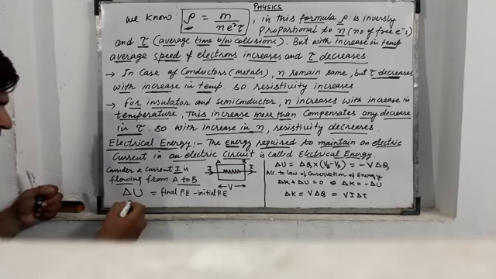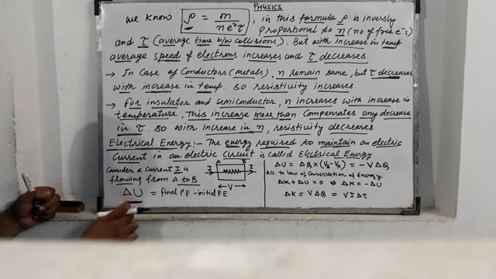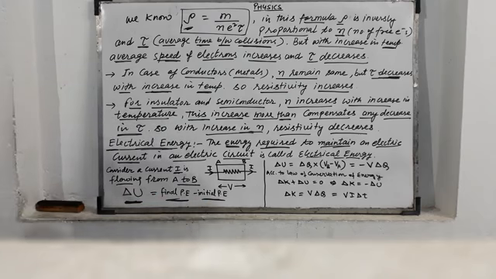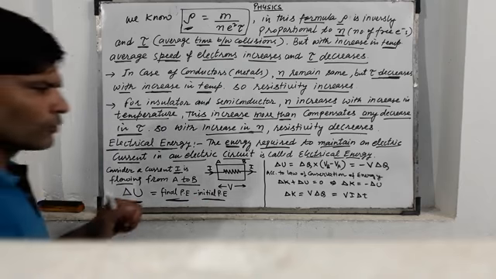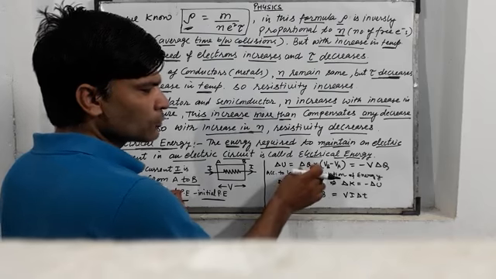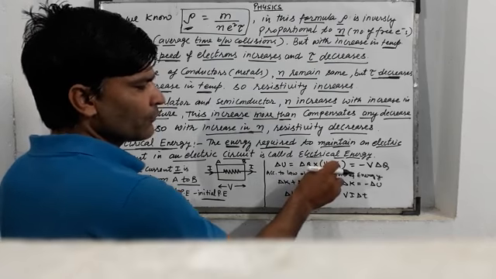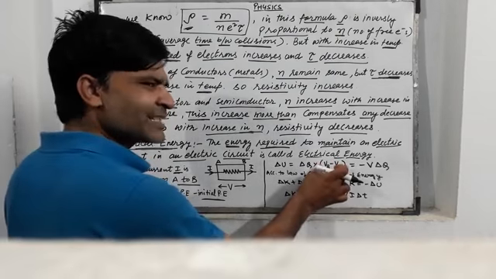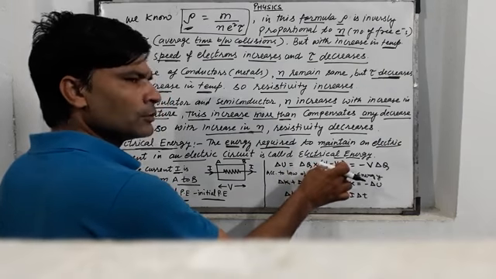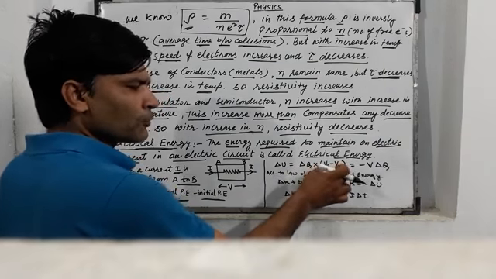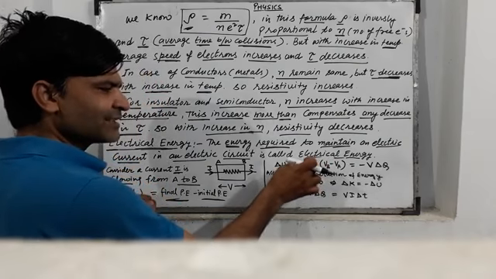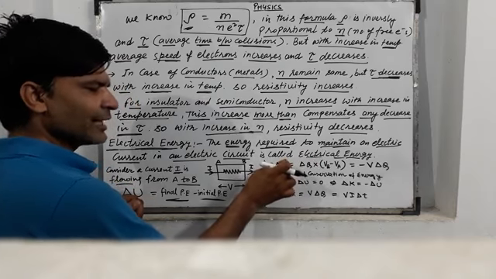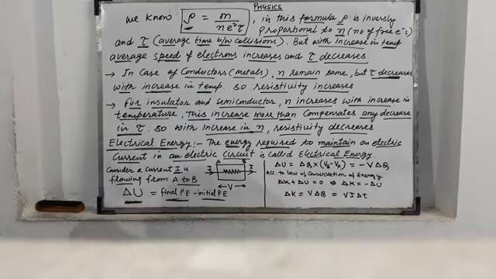Then the change in potential energy delta U equals final potential energy minus initial potential energy, or delta U equals delta Q into VB minus VA, because this is the potential difference and this is the charge.